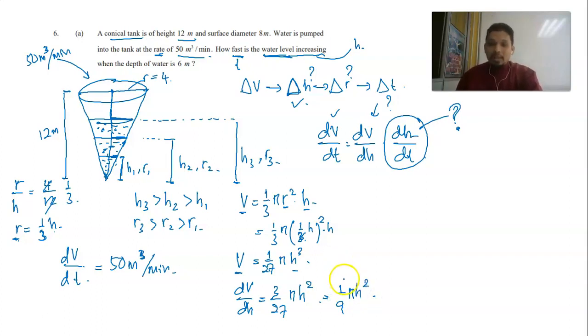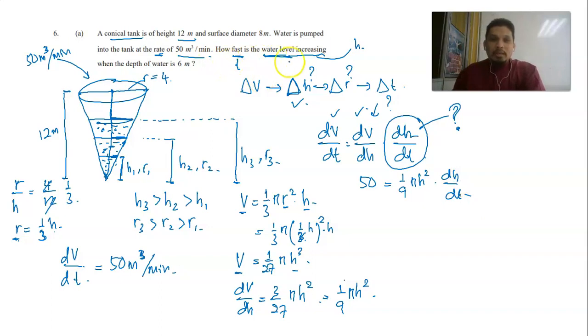So this is the one that we're going to substitute here. Okay, so then dV/dt equal to 50 meter cubed per minute, and dV/dh equal to 1 over 9 pi h squared, dh/dt.